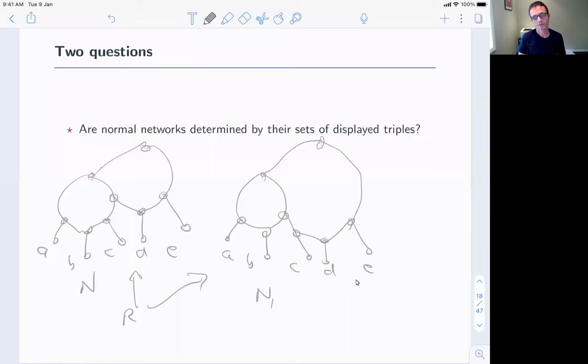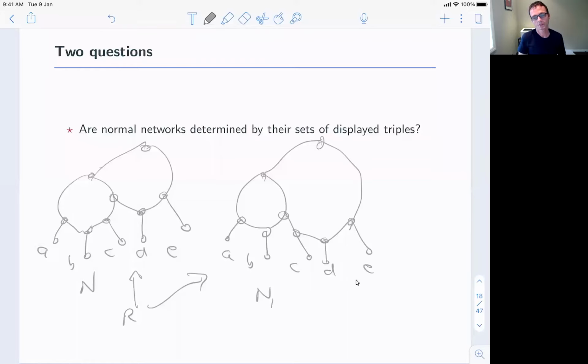For those who are familiar with normal networks, there's a slight generalization called tree child, which has the property that every non-leaf vertex is the parent of a tree vertex or a leaf, but this time you're going to allow shortcuts. So the class of tree child networks contains the class of normal networks.